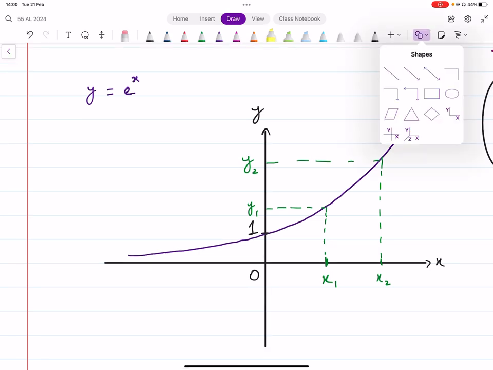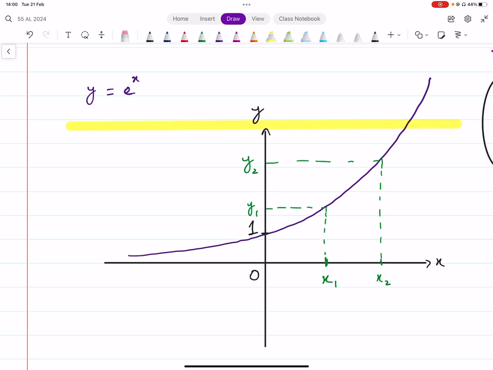You try to draw a horizontal line on the graph and you see कि अच्छा, can you draw any horizontal line on the graph that cuts the graph at more than one point? Can you draw any horizontal line here that would cut the graph at more than one point? You can't. आप जो मर्जी line बनाए, it would only cut the graph at one point, right?